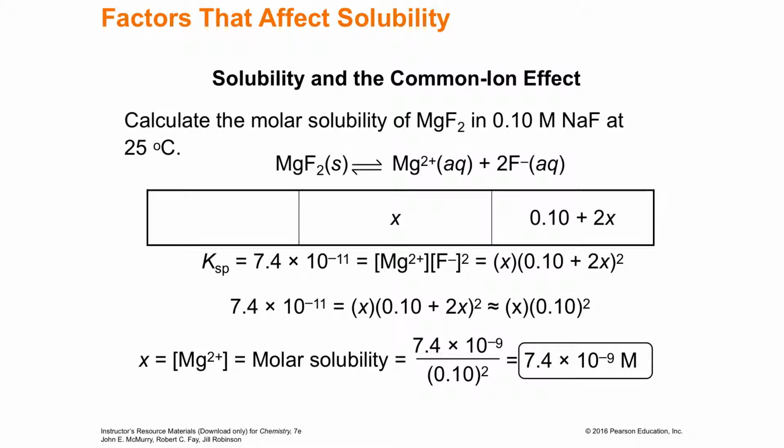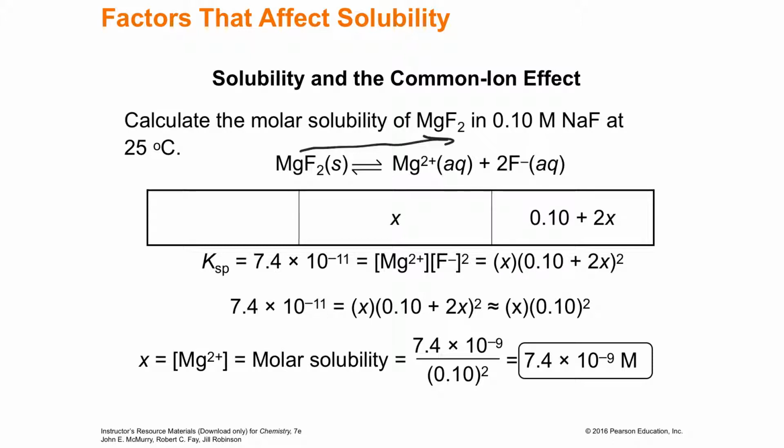So the first one is solubility and the common ion effect. Now remember, let's say in this case I've got magnesium fluoride and it's breaking apart into magnesium and fluorine. Well, I'm going to the right, taking solid and dissolving it into ions.